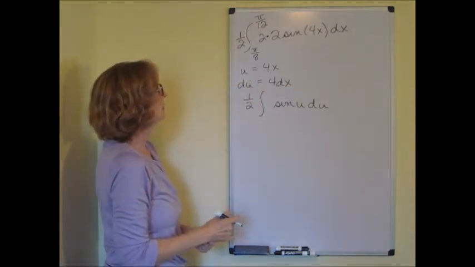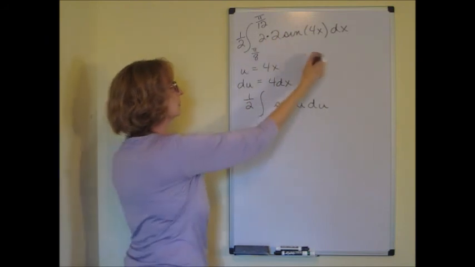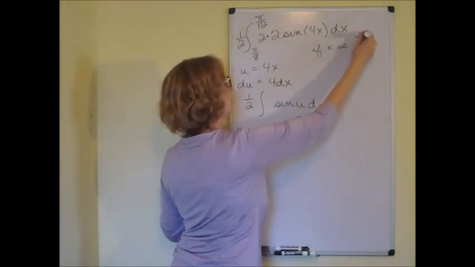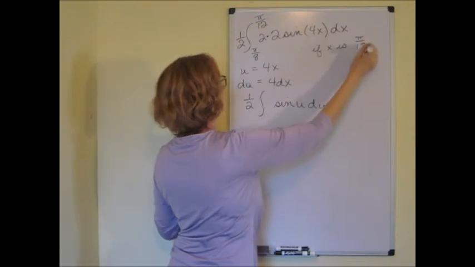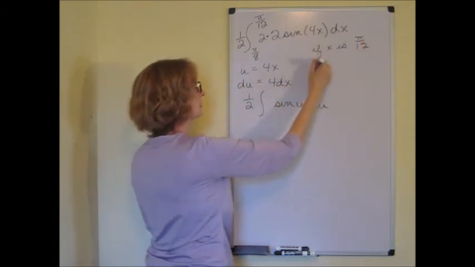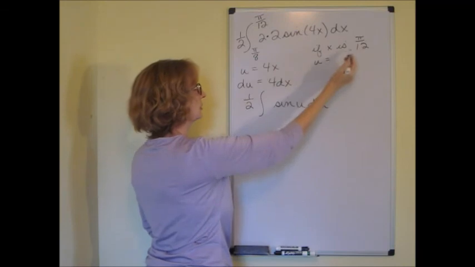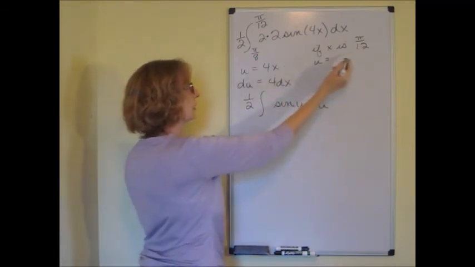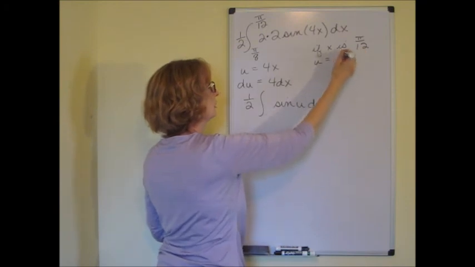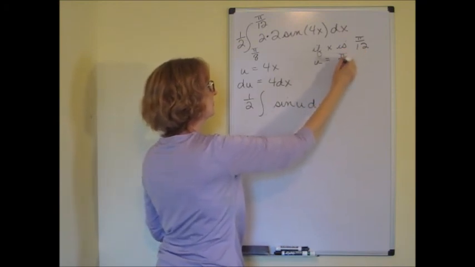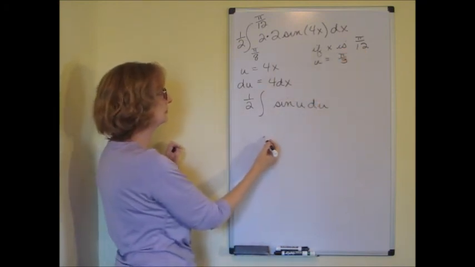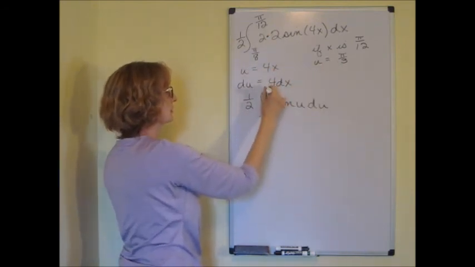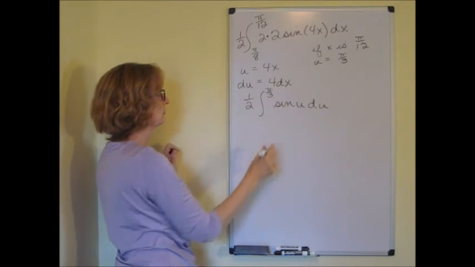So if I look at pi/12, if x is pi over 12, let's see what u is. U is going to be 4 times pi over 12. And 4 times pi over 12, though the 4 cancels into the 12, that would leave me pi over 3. So the u, or the pi over 12, becomes pi over 3.